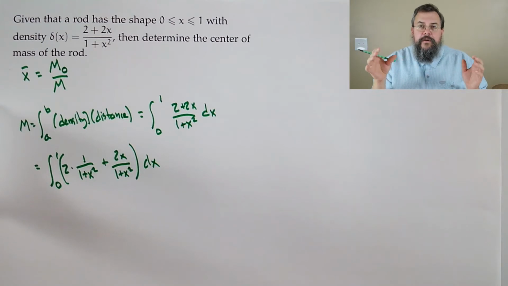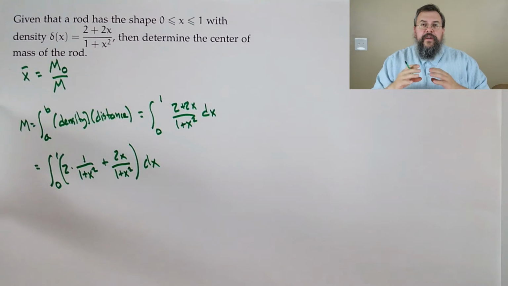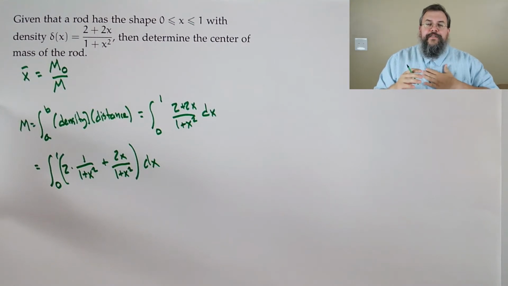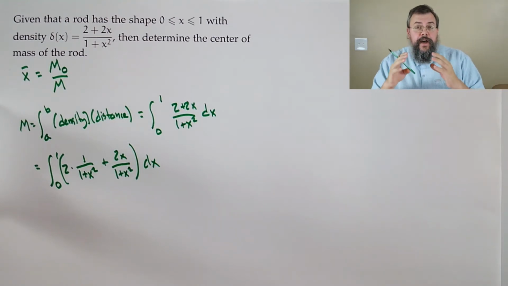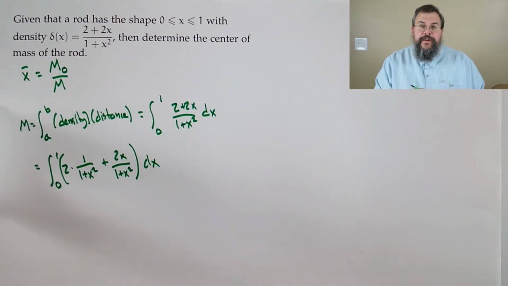Now, why do that? Well, in some sense, I see 1 over 1 plus x squared. My heart starts to flutter a little bit. That's something beautiful. That's arctangent, and I like that. Now, 2x over 1 plus x squared, that's not so bad either.